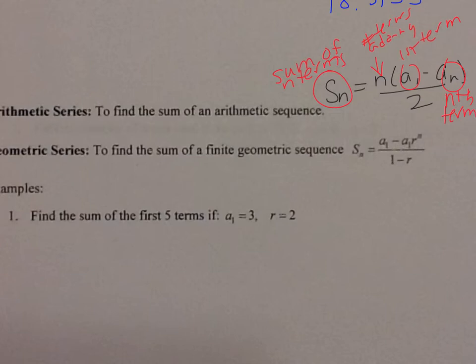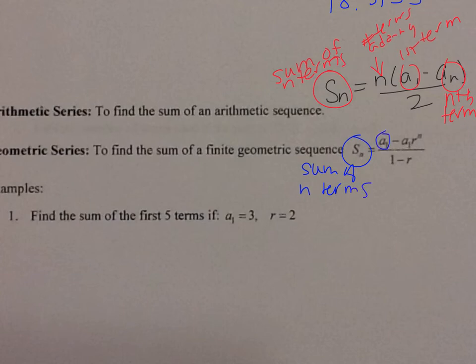Okay? Now the geometric series, which is to find the sum of a geometric sequence, this is actually on the formula sheet, so you don't have to memorize this. You're going to have to memorize this if you don't want to have to write down all the numbers and add them up. Okay, so this is the sum of n terms.